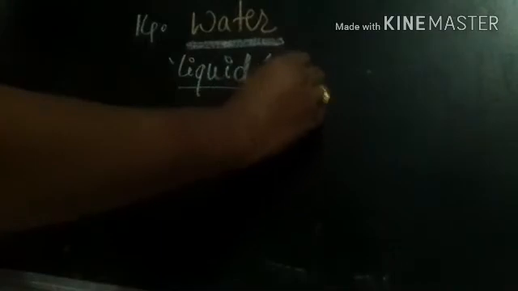So the very first one, water at home level. How do you use water at home? We use water for drinking, for cleaning the floor, for bathing, in the toilets, as well as to wash clothes, right?